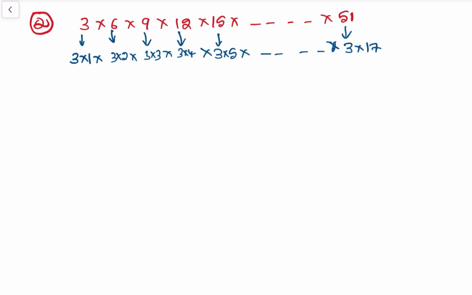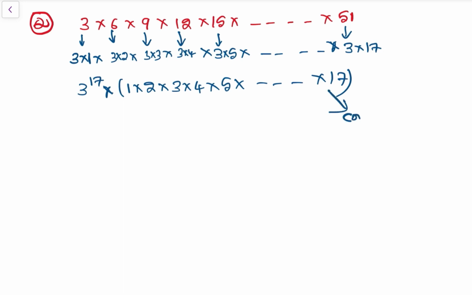So 3 to the power 17 into 1 into 2 into 3 into 4 into 5 into so on into 17, so this is consecutive series.